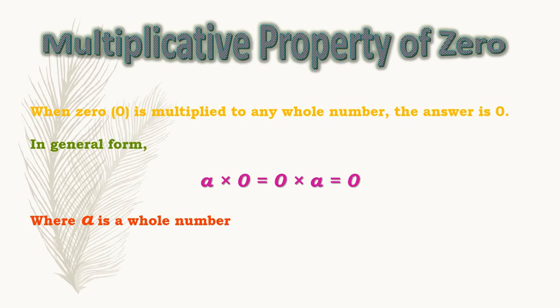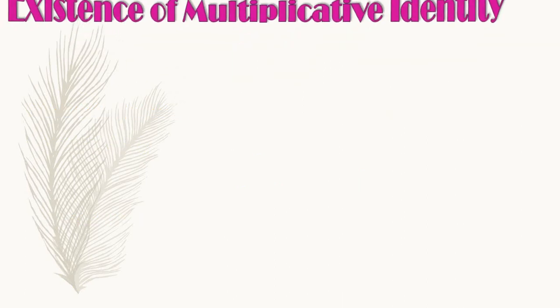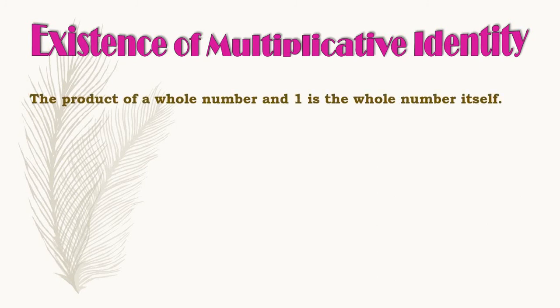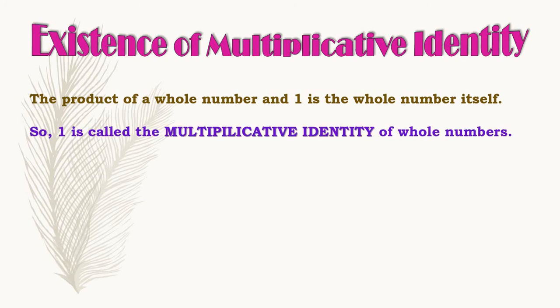Okay. Next, existence of multiplicative identity. Now, what is multiplicative identity? The product of a whole number and 1 is the whole number itself. So, 1 is called the multiplicative identity of whole numbers. Whenever we multiply 1 to any whole number, the whole number does not change.